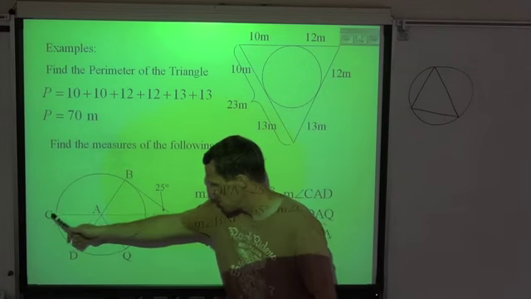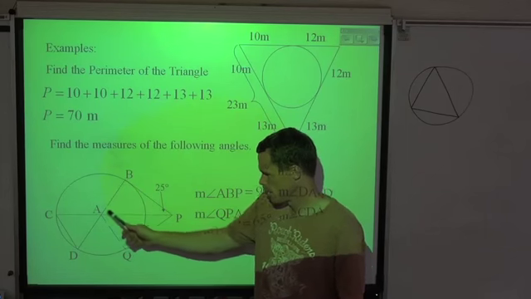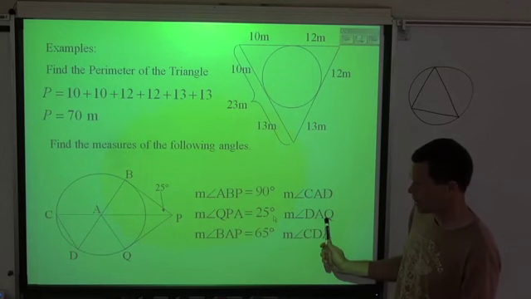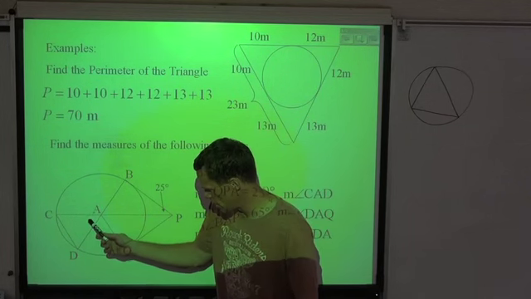Well, CAD is just a vertical angle to BAP. So vertical angles are congruent, 65 degrees. How about DAQ? Well, we know that this is 65 degrees here. We know that this one here is 65 degrees. Combined, that makes 130 degrees. The semicircle is 180, so I must have 50 left over for DAQ.